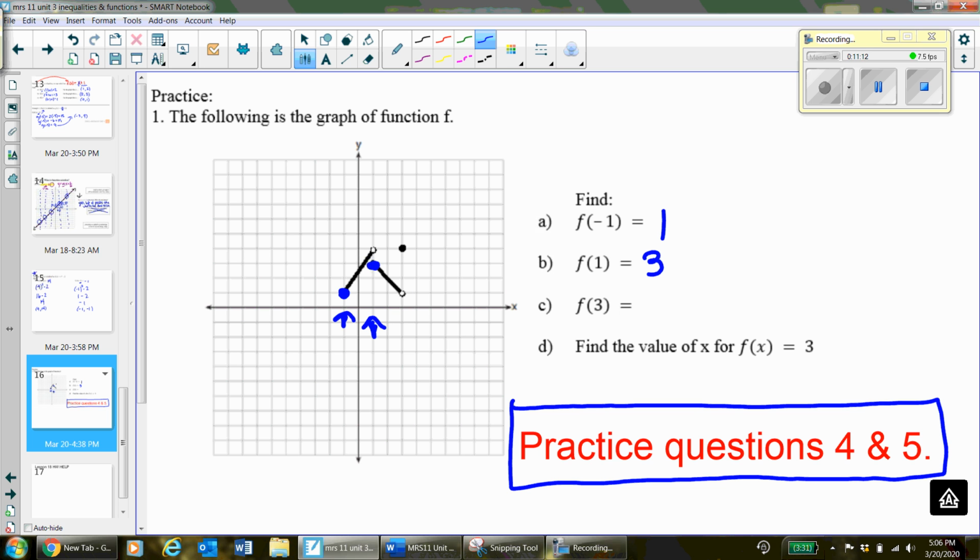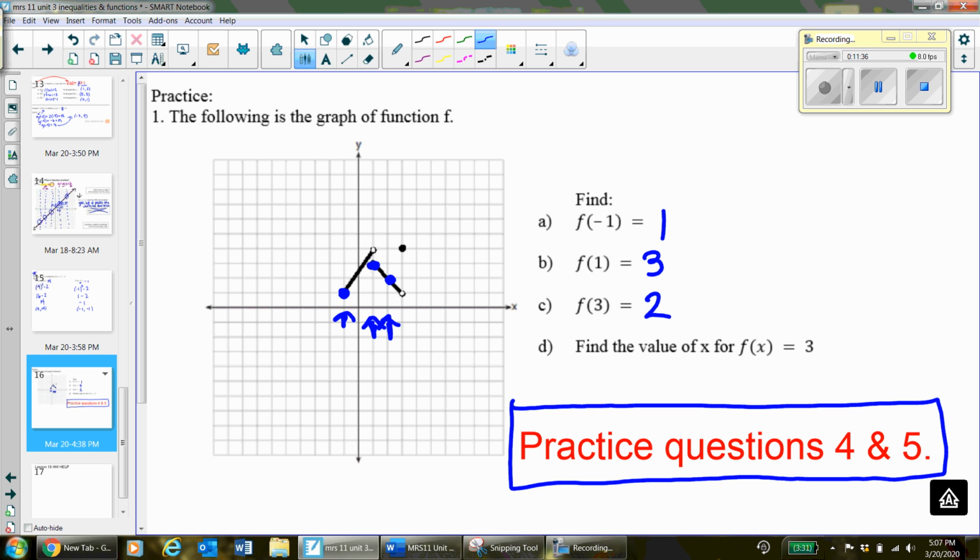Okay? So now we're at f of 3. So where x is 3, what is my y value? So x is 3 right here. So I'm going to travel up and I'm looking for the point here. At this point, it crosses that graph, which means y is equal to 2 when x is 3. Okay?